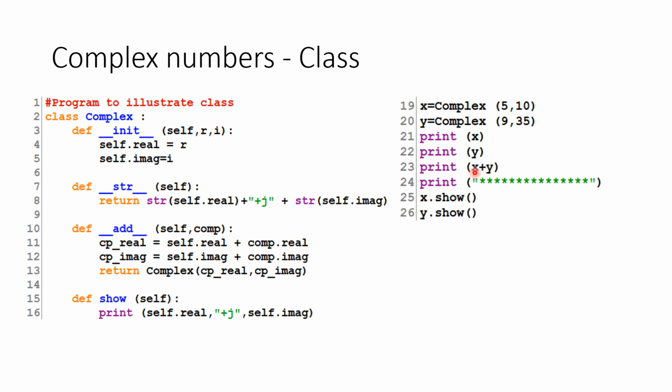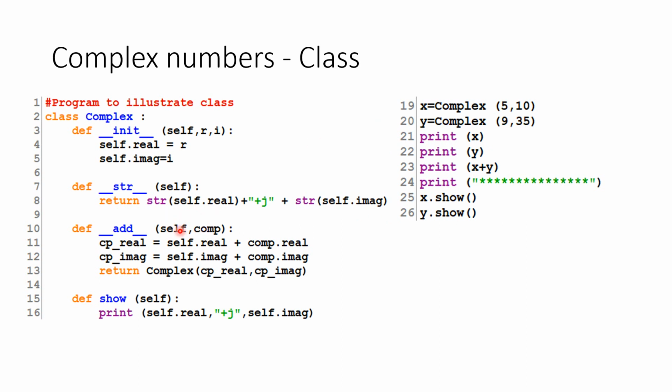Now when the value is passed on to this overloaded function, x, the left hand operand, will be the self, the object that invokes this function, and y is an object that is passed as an argument into this function.